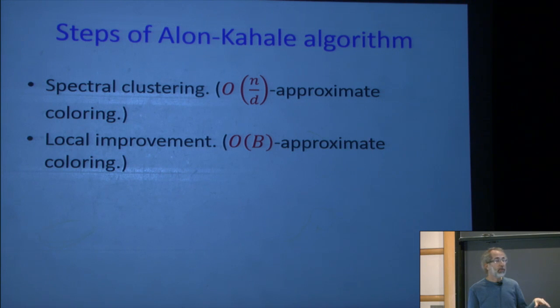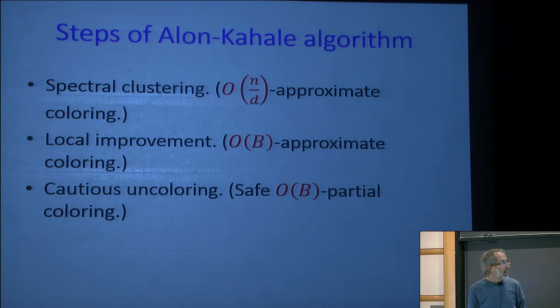Later, there are some local improvement steps in which the fraction of vertices that are colored incorrectly drops dramatically from something inverse linear in D to exponentially small in D. Then there's an uncoloring step.